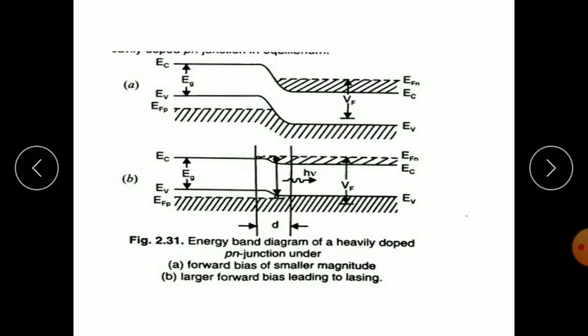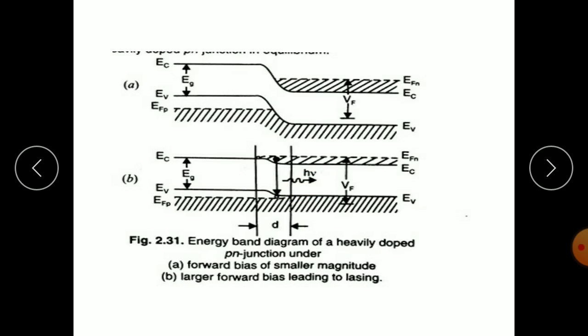So in this region there are a large number of electrons and a large number of holes. They combine. This is the condition for population inversion. Population inversion is achieved when there are large numbers of electrons and holes, and they recombine in this region, called the depletion region, and a photon is emitted.